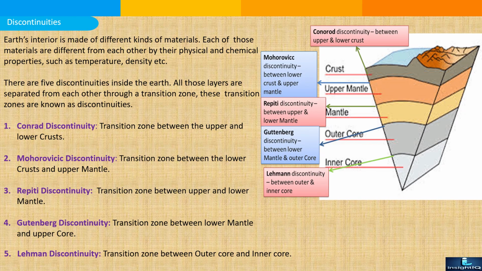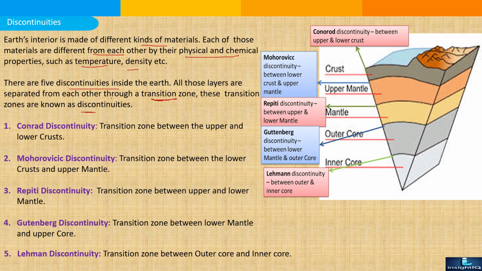So Earth's interior is made of different kinds of material. Each of those layers differs from the others by physical and chemical properties, such as temperature, density, pressure, etc. So there are 5 discontinuities inside the Earth. All those layers are separated from each other through a transition zone or a boundary. So these transition zones are known as discontinuities.